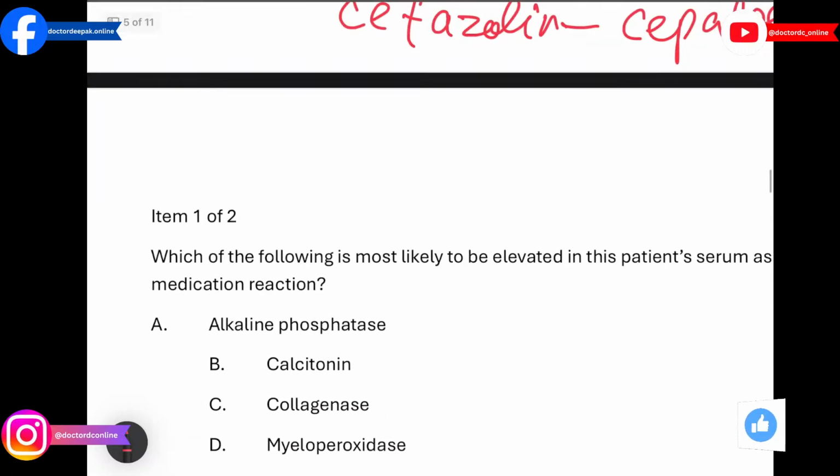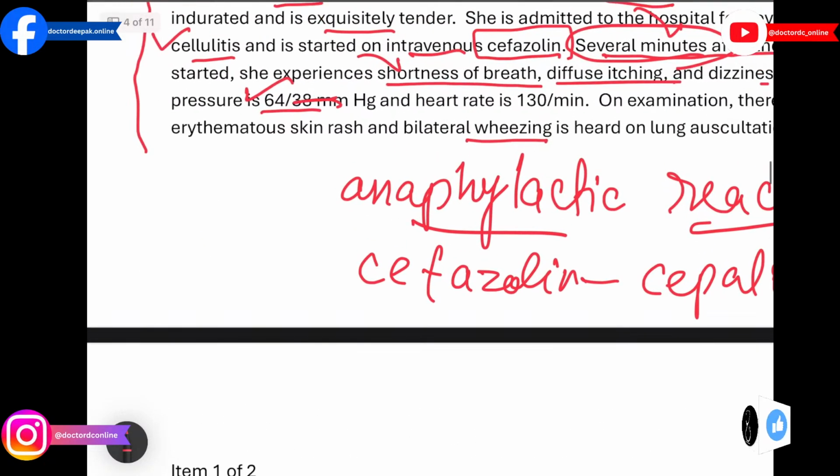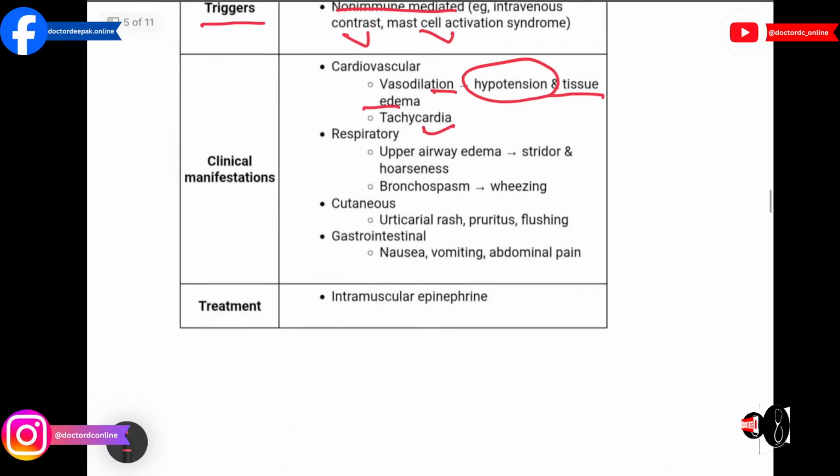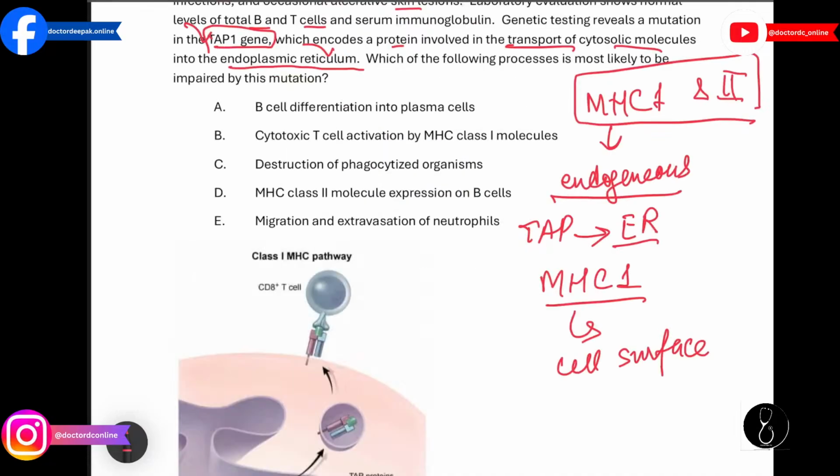Already in the given condition, they are having hypotension and tachycardia. Respiratory, there will be upper airway edema, hoarseness, and bronchospasm developing wheezing. There will be cutaneous rashes, pruritus, and flushing, and GIT having nausea, vomiting, and abdominal pain. And for the treatment, we are giving intramuscular epinephrine.